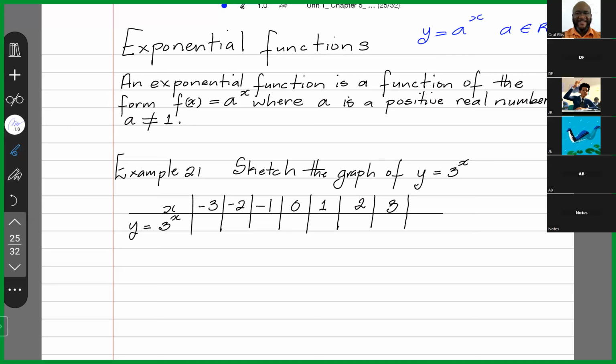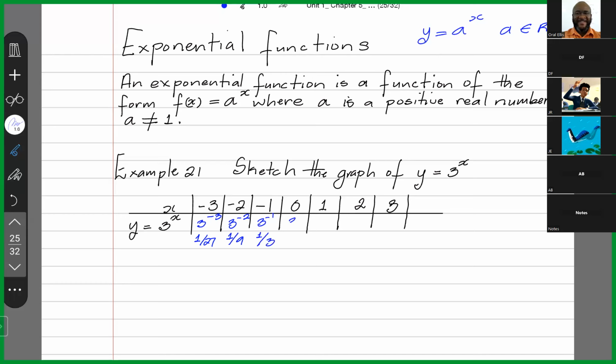So when x is equal to -3, 3 to the x would be 3 to the -3, which is actually 1/27. This would be 3 to the -2, which would work out to 1/9. 3 to the -1 would work out to be 1/3.